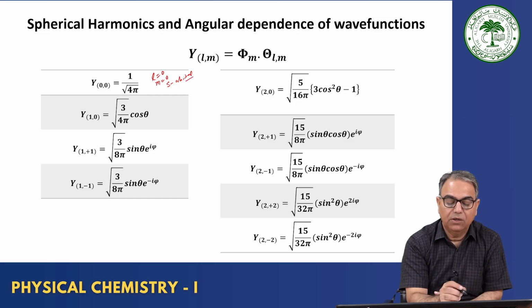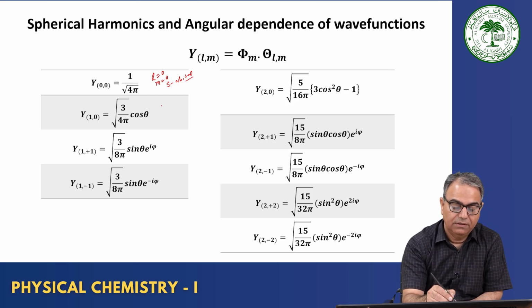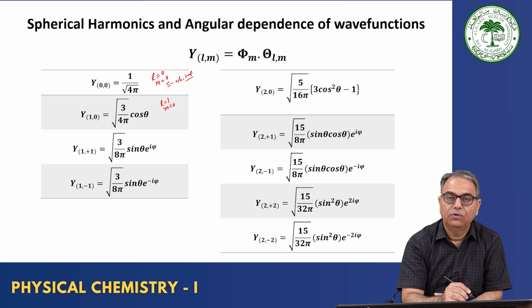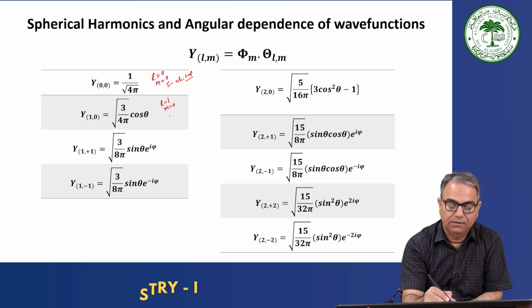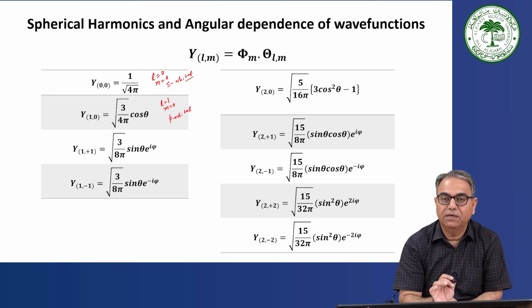Now Y1,0: L is equal to 1, m is equal to 0. L is equal to 1 means it's a p orbital. Which p orbital, I will not write; we will see which p orbital it is.